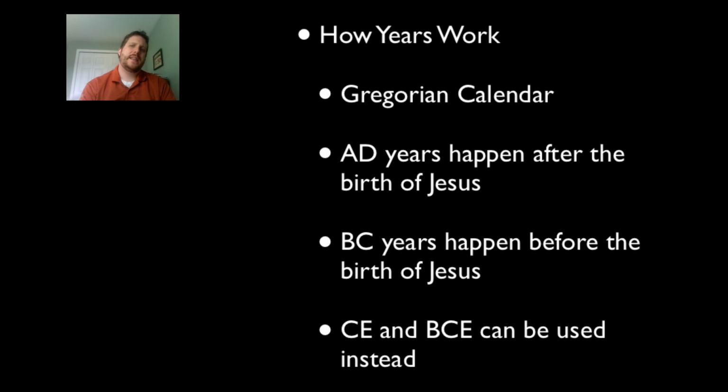You've got AD years, which are the years that happen after the birth of Jesus. Remember, AD means Anno Domini, not after death. And you have BC years before that, which are the years that were before Jesus. Remember, it stands for before Christ. Remember, not everyone in the world is Christian, and so instead of AD, you could always use CE, and instead of BC, you can always use BCE.